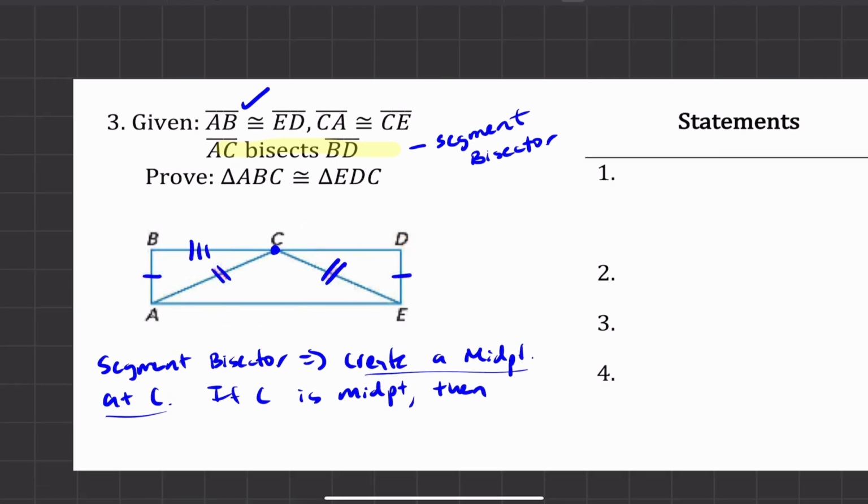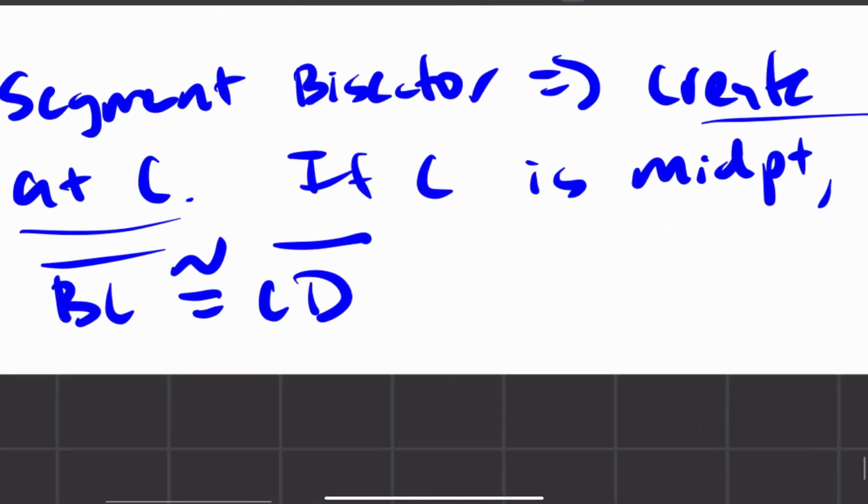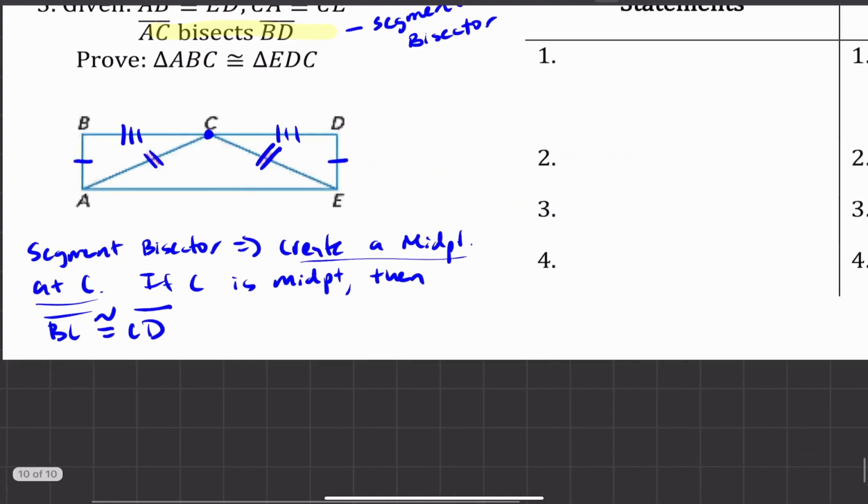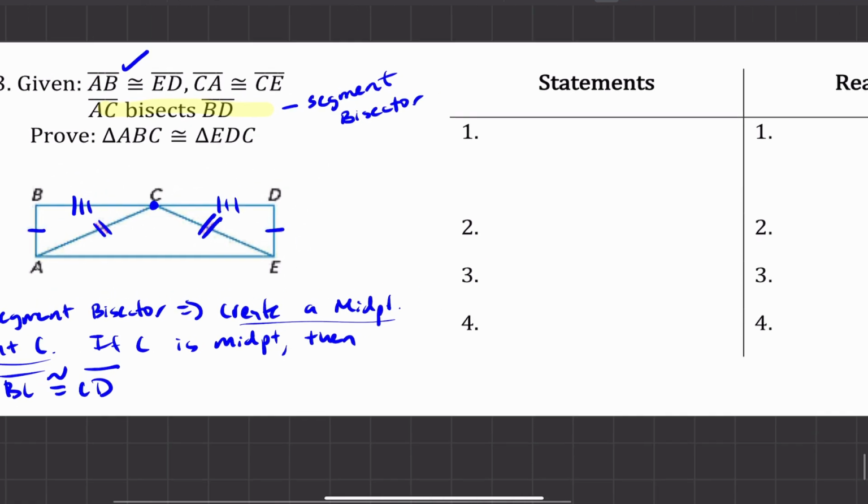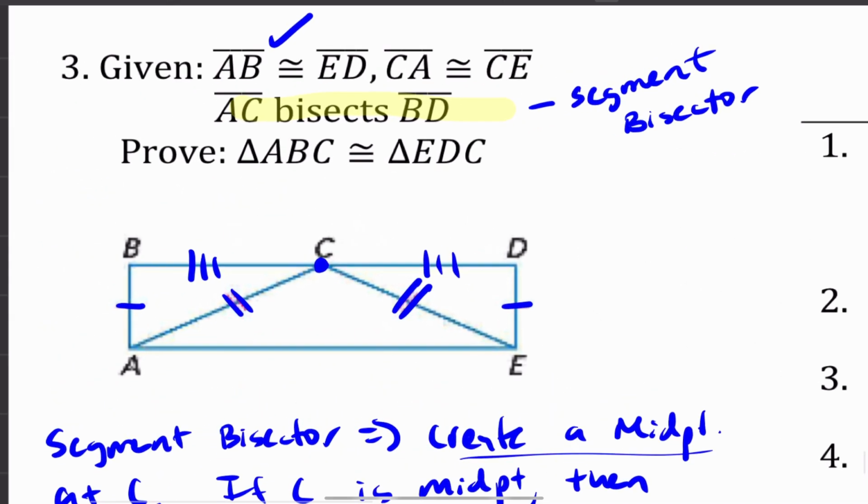So I'm going to draw 3 check marks there and 3 check marks there. Then segment BC has to be congruent to segment CD, right? And you can see by the congruency statement here, they both share C, so that implies that C has to be the midpoint.